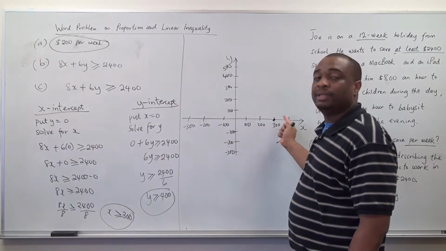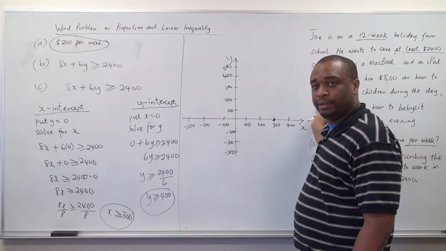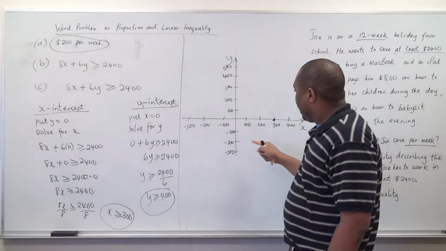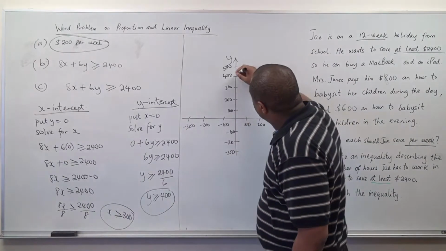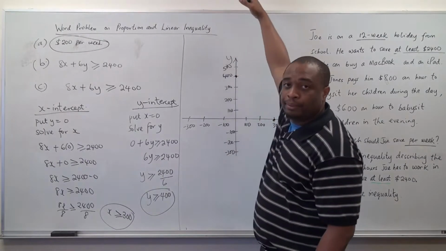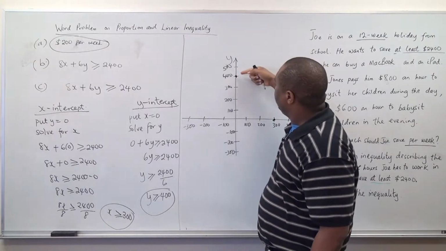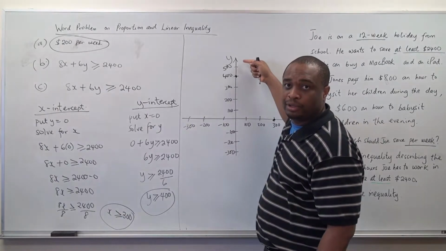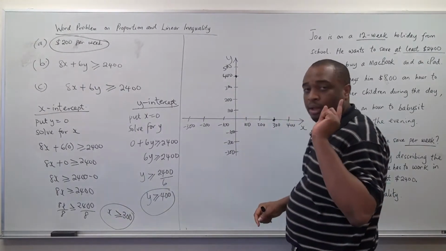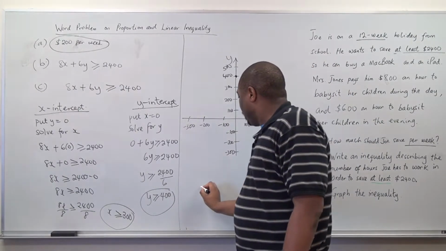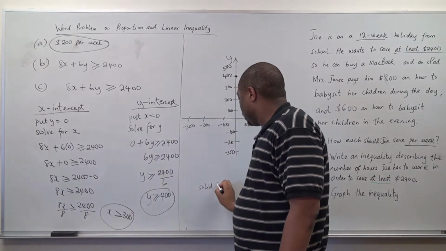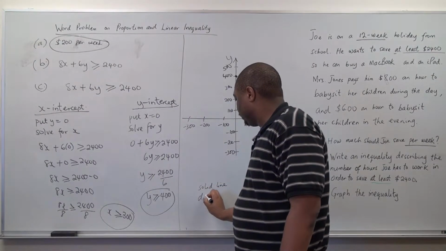Because 350 is greater than 300, 400 is greater than 300. And y greater than or equal to 400 is above 400, because you want all those greater than 400. Now, quick point: will you have a solid line or a dotted line?